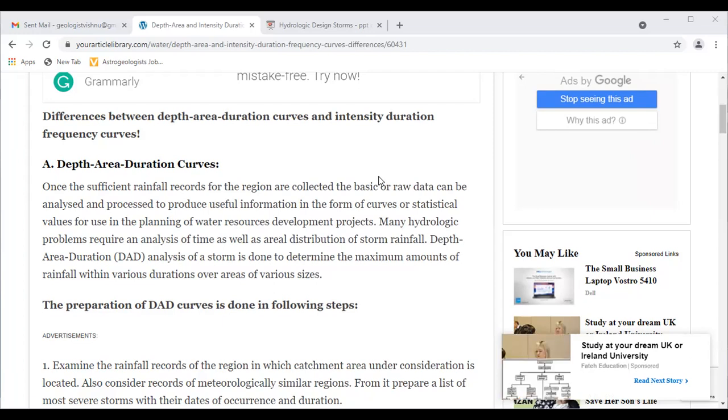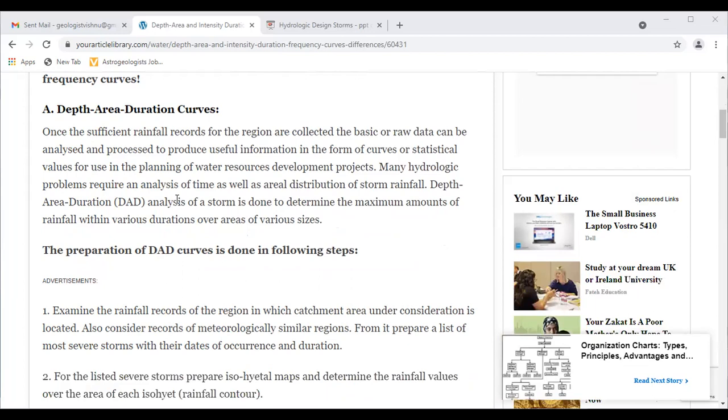Once sufficient rainfall records for the region are collected, the basic or raw data can be analyzed and processed to produce useful information in the form of curves or statistical values for use in the planning of water resource development projects.